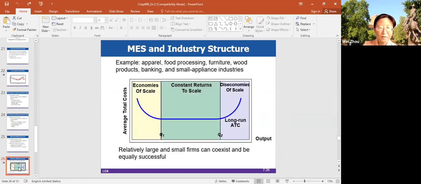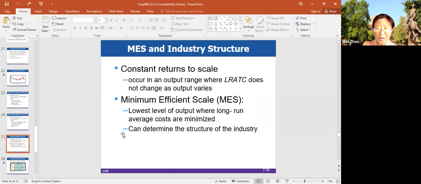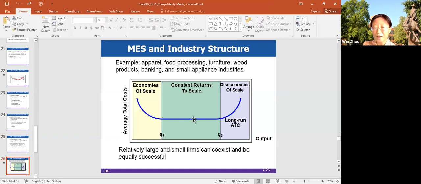All right, if there's no more question, let's talk about one of the important points here. If Dr. Z makes bread, and I make 100 bread, I can reach the minimum point. This point we give a special name: it's called the minimum efficient scale. What does that mean? If I want to be at the lowest average total cost, I need to make at least 100 bread.